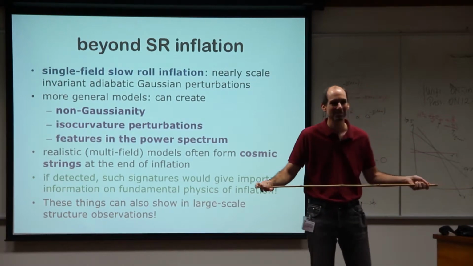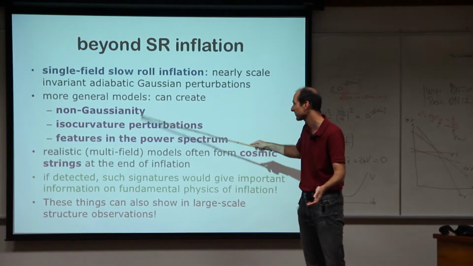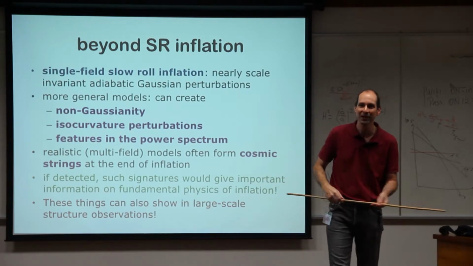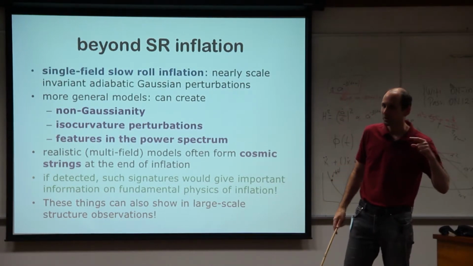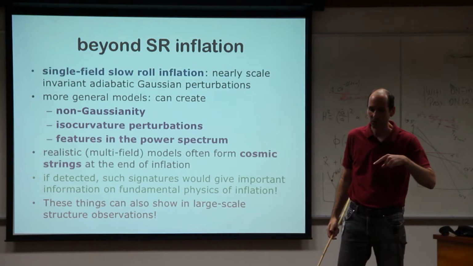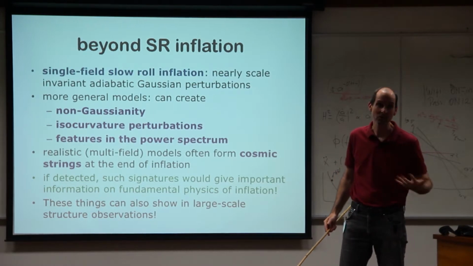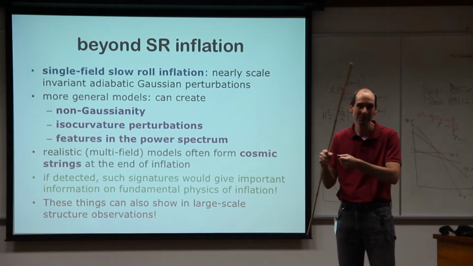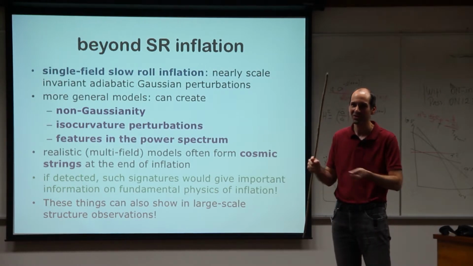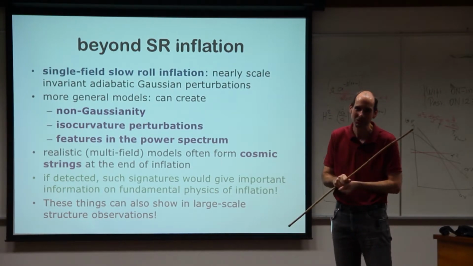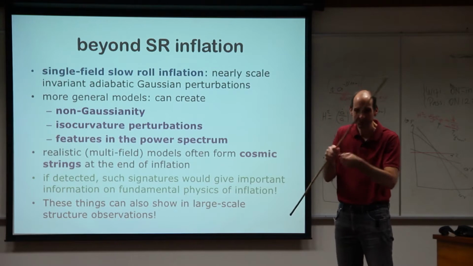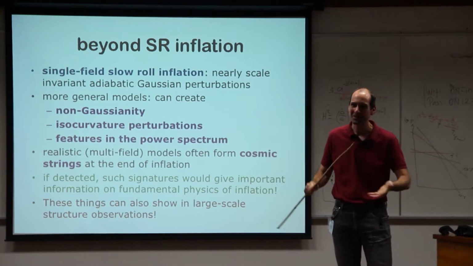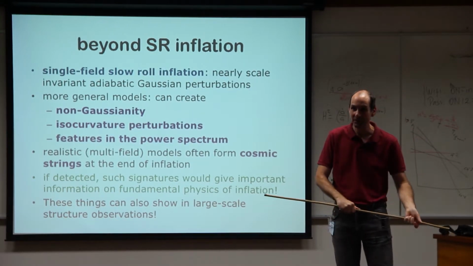Of course, it would be much more interesting if we actually observed non-Gaussianity or topological defects, because non-Gaussianity would tell us a lot, for example, about the kinetic term, because you can play around with your scalar field actions and put in a different kinetic term, which is also exactly what you do in dark energy.